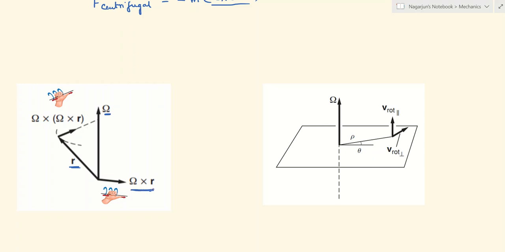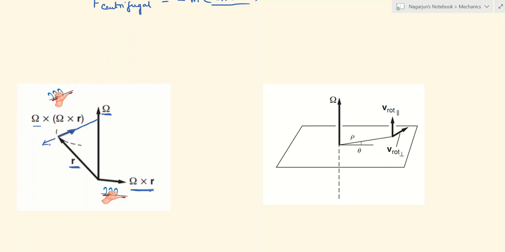If this is omega bar cross r bar, this is omega bar, so omega bar cross r bar is in this direction. Again judged by the right hand thumb rule.